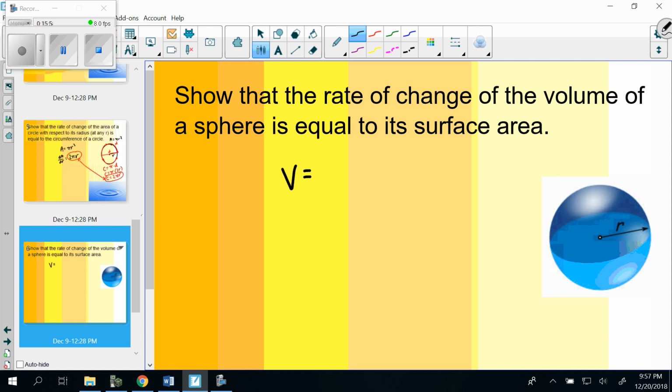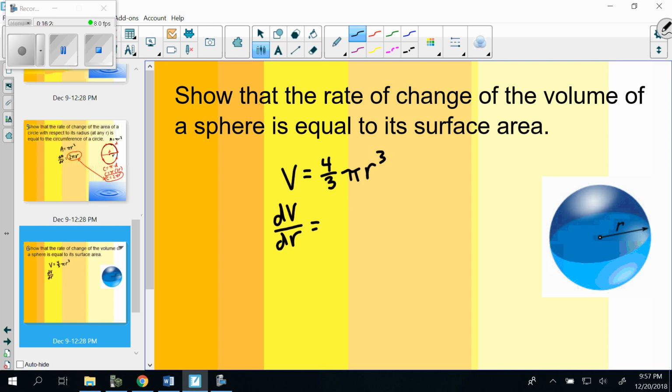All right, let's see what you came up with. Hopefully you remember this from geometry, otherwise you should have been able to look it up. The volume of a sphere ends up being 4/3 pi r cubed. They want us to show that the rate of change is equal to its surface area. So what we want to find is dV/dr, the rate of change of the volume with respect to the radius.